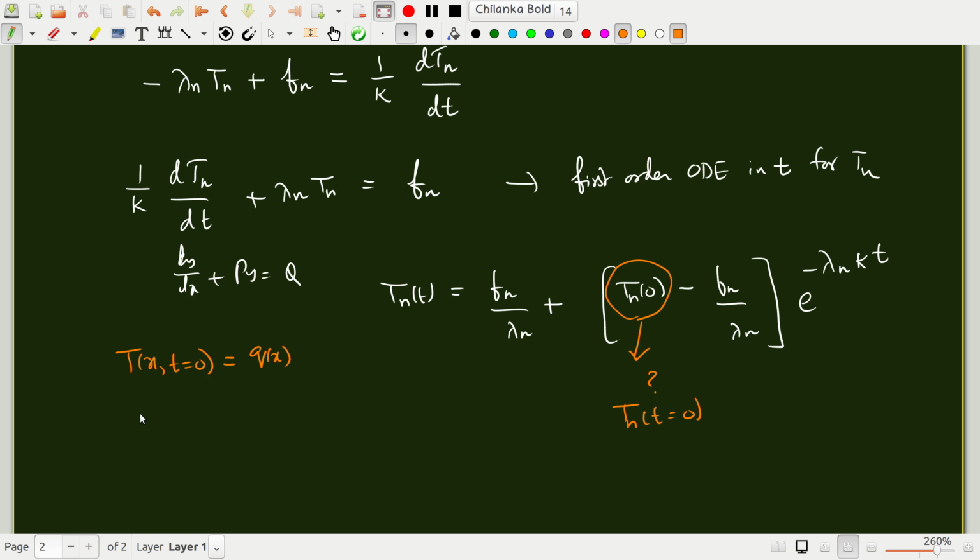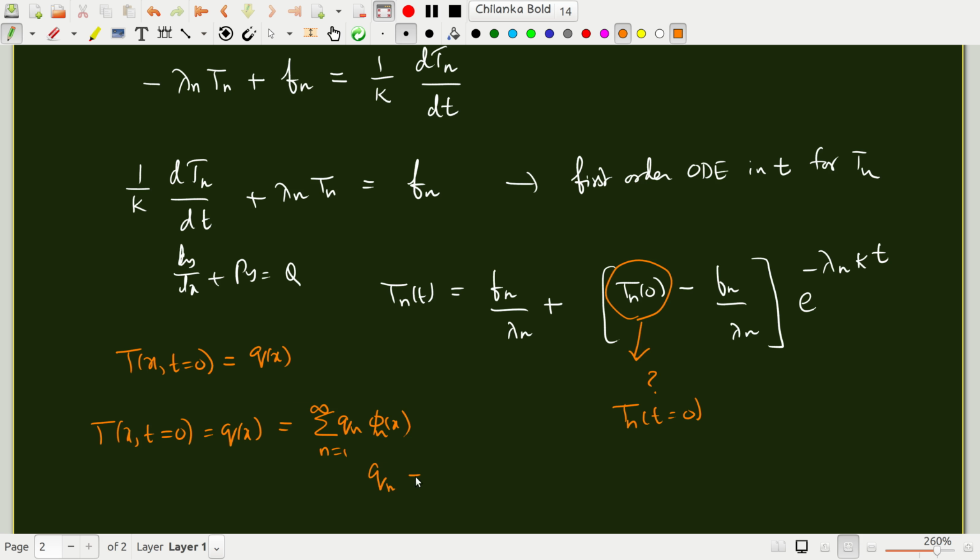If I expand this in the same eigenfunction basis, T of x at t equal to 0 is q of x, which is nothing but the summation of qn phi n of x. The expansion coefficients will be these qn's.